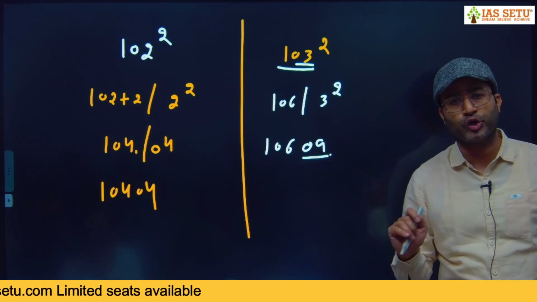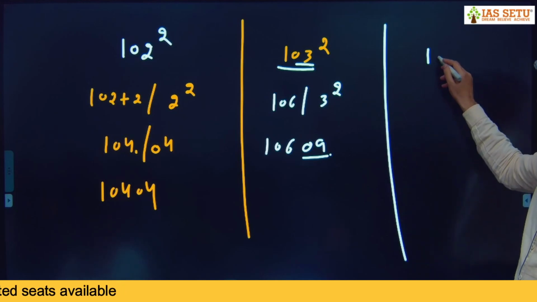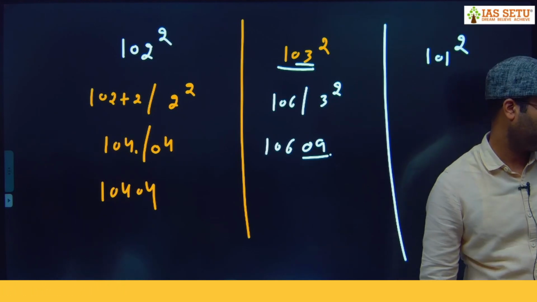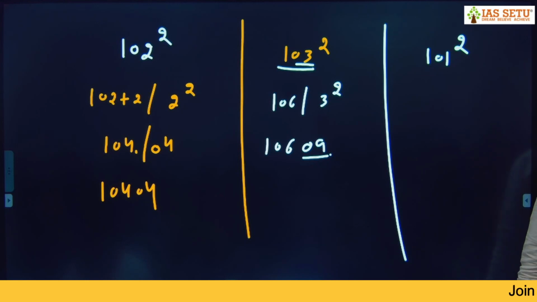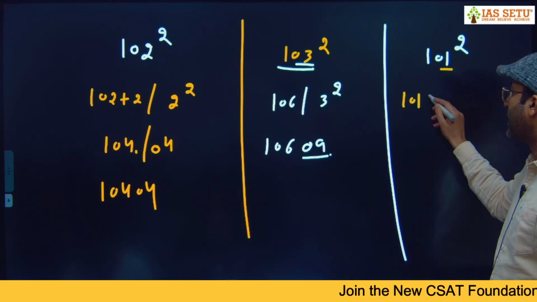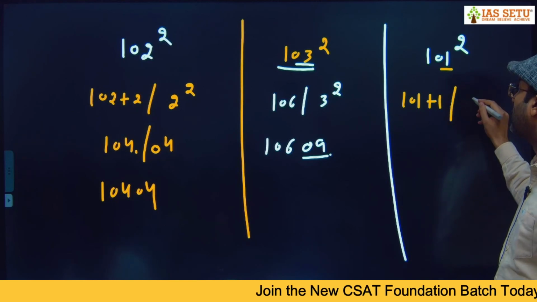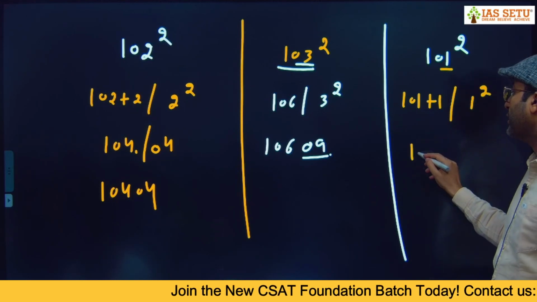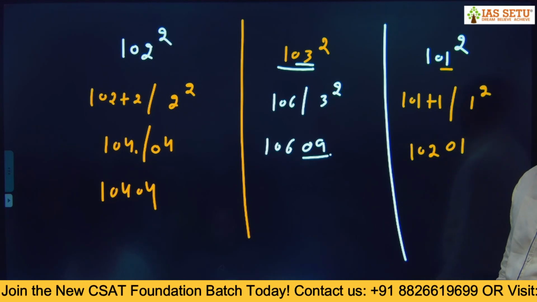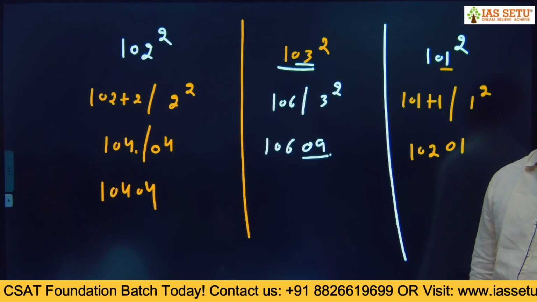Don't write 909. Now you try 101 square. So left hand side value will be number plus extra, 101 plus 1. Right side is 1 square. It is 102. What is 1 square? 1. We write 01. 10201.